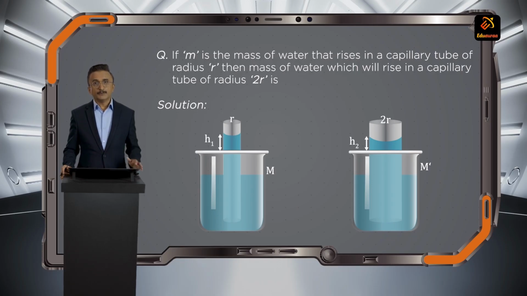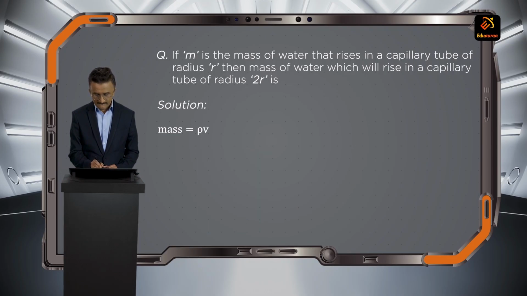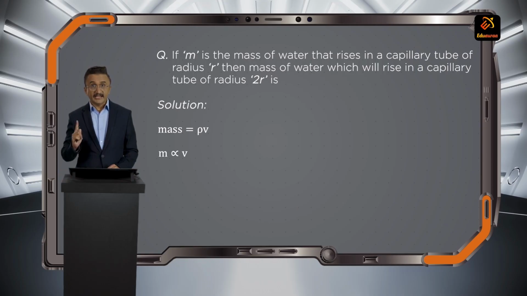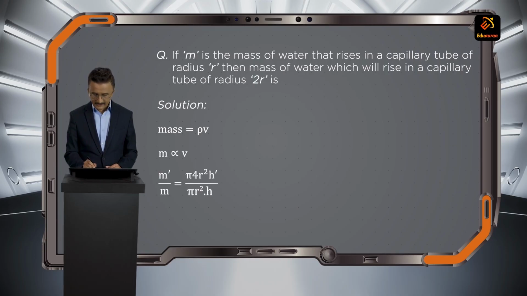What is the formula for the mass? Mass is equal to density into volume. But as the density remains the same, I can say mass is directly proportional to volume. What is volume? It is area into height. So I can write M dash upon M is equal to area.